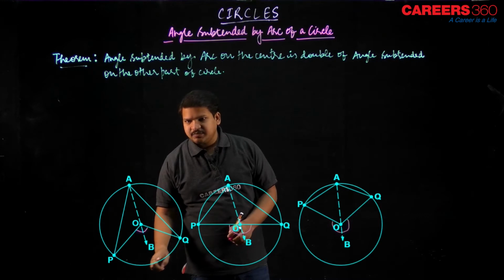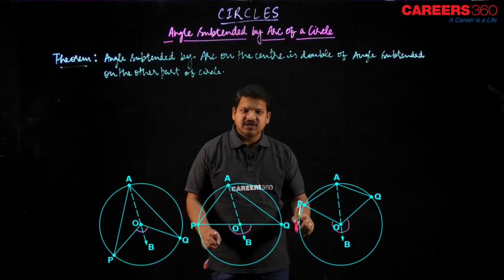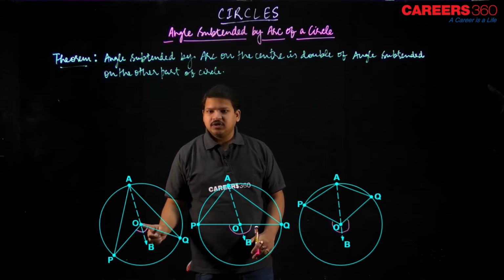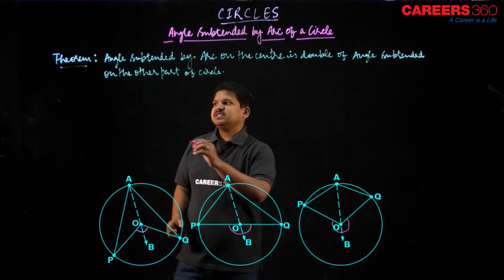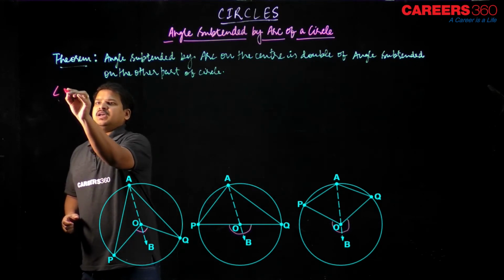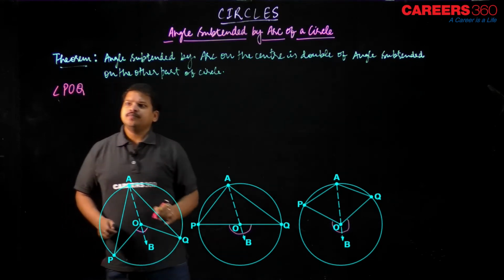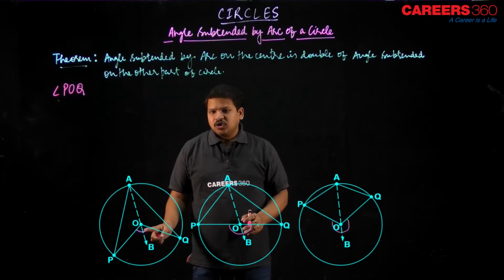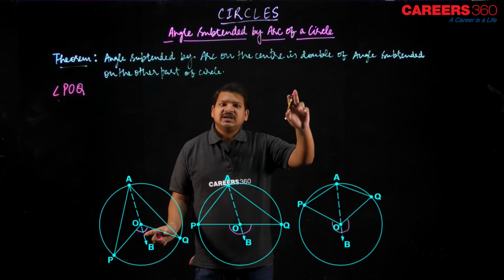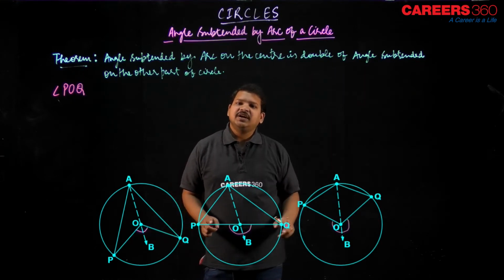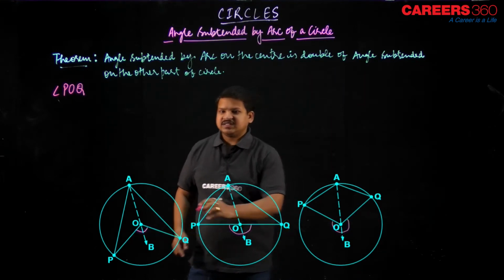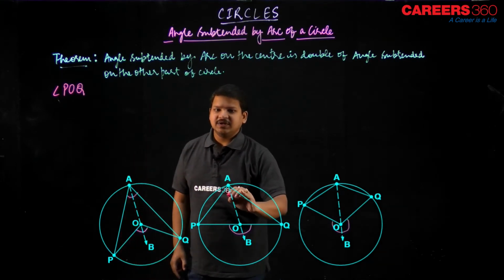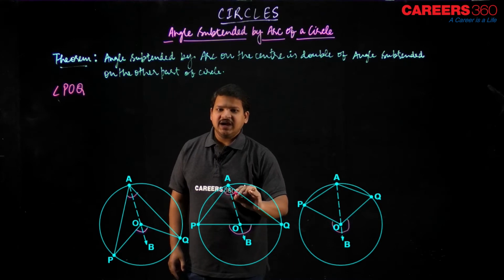So whether this arc PQ is a minor arc, semicircle or major arc, the angle subtended by the arc on the center will be angle POQ, and it is double of the angle subtended on the other part of the circle, that is the angle subtended right at this point.